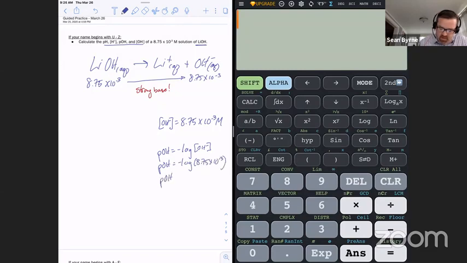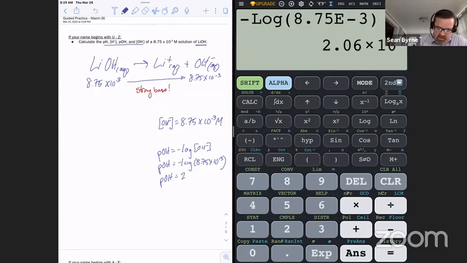If you want to follow along with me on my calculator over here, I have the negative log of 8.75 exponent negative 3, and I get 2.60 as my answer. That's wrong, 2.06, excuse me. Keep me honest, thank you.